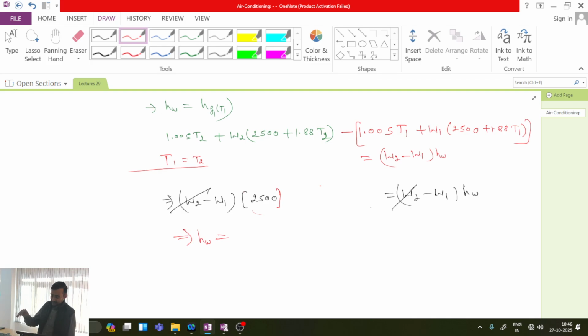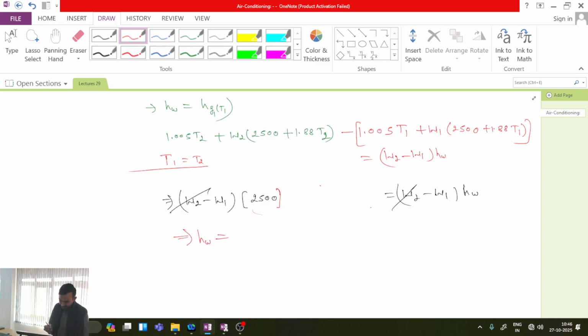Is this one clear? But one assumption I can make over here is that the 2500 latent heat is significantly large in comparison to the difference of the smaller sensible values. So that's why I can come to this conclusion.